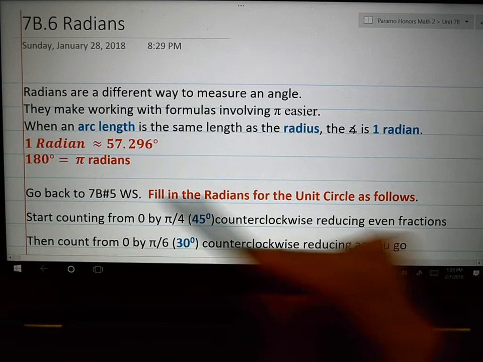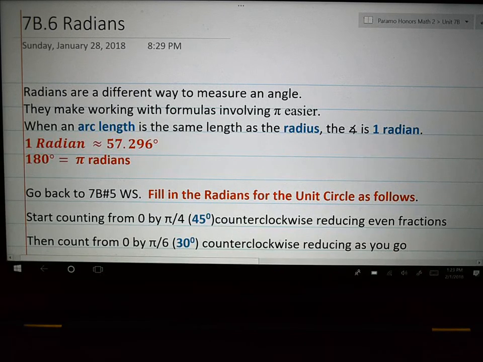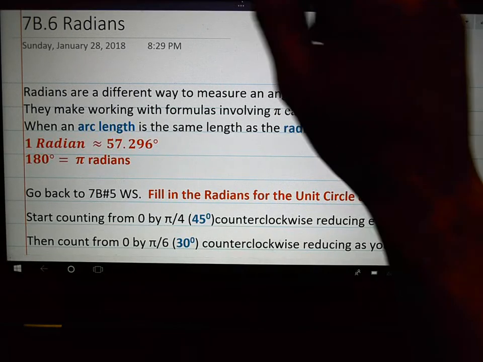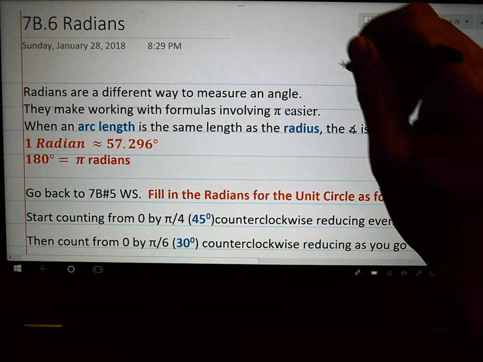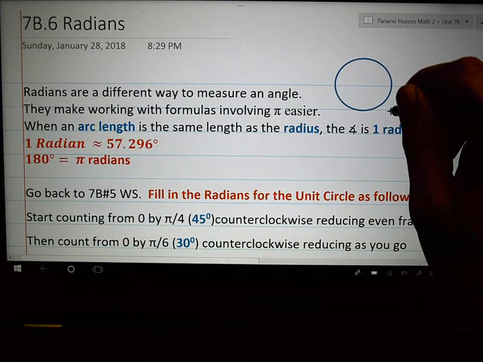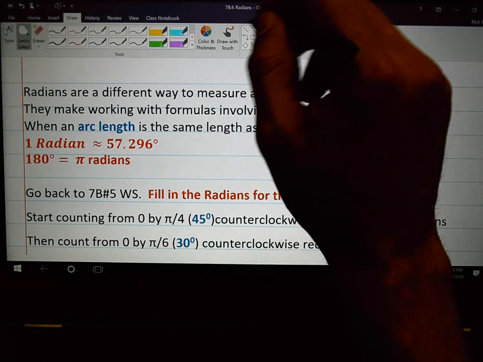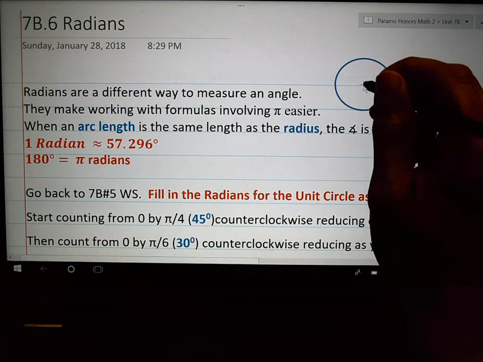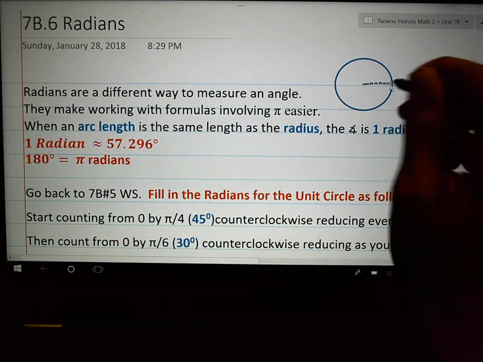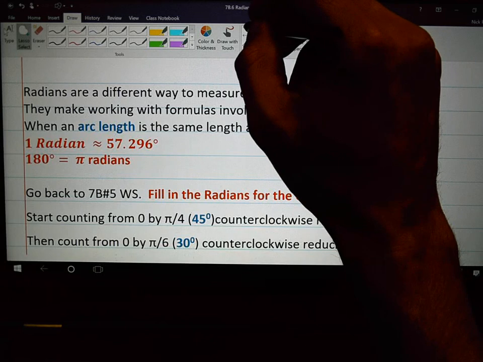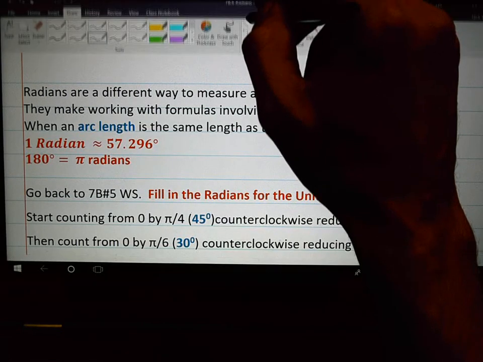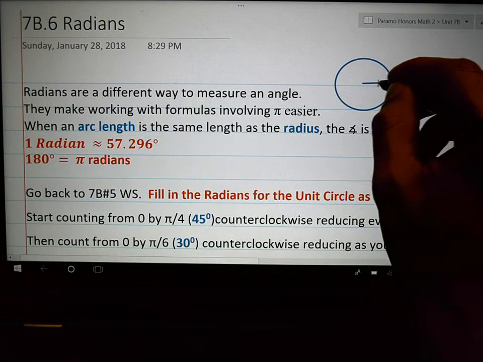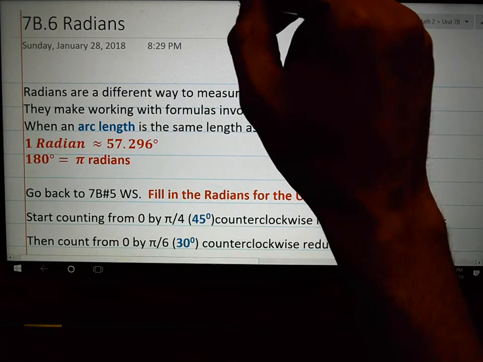Okay? So if you want to know what the actual definition of a radian is, some people like to know these things, so I'm going to draw you a quick picture. Here is a circle. And then I'm going to draw you a radius, hopefully a radius that is blue. That looks better.